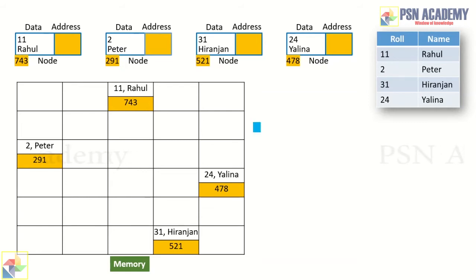We would like to link the first node with the second node. So we put 291 over here because 291 is the address of the second node. So when we put 291 in the address part of the first node, this first node gets linked to the second node like this.